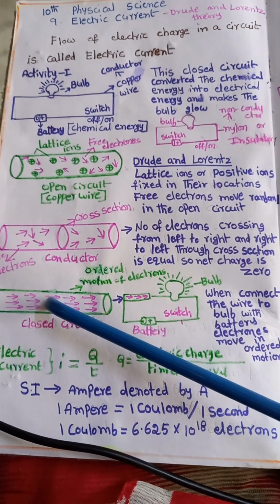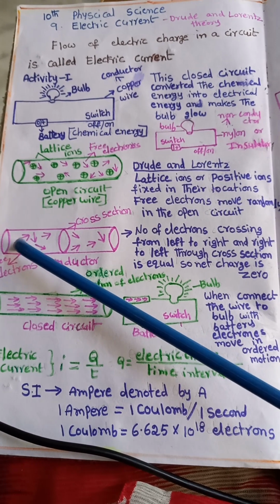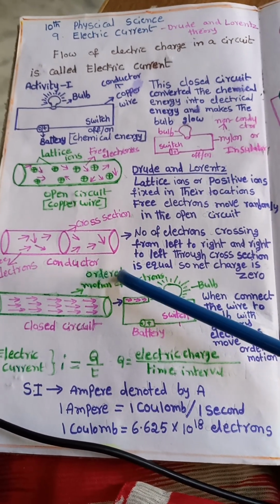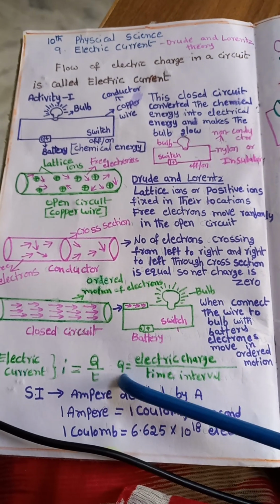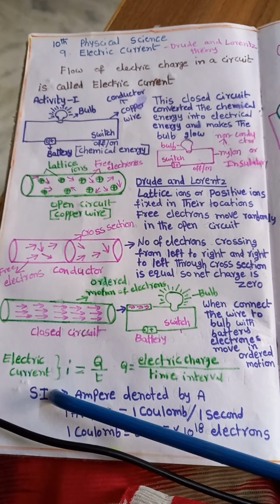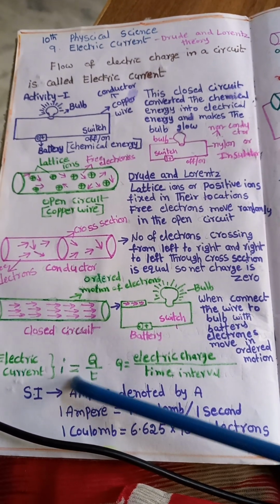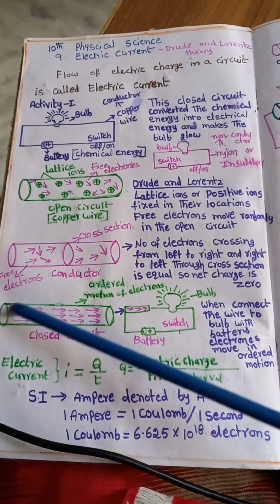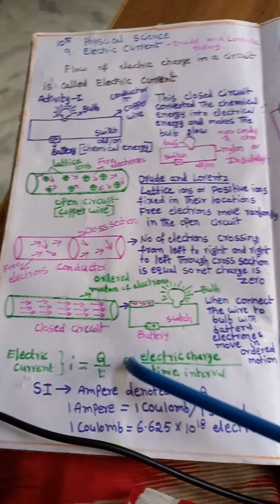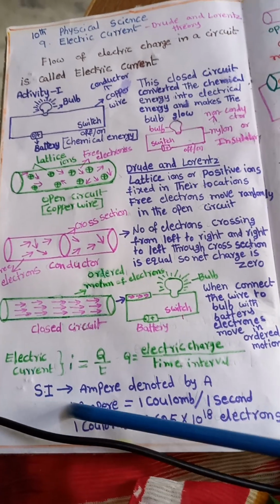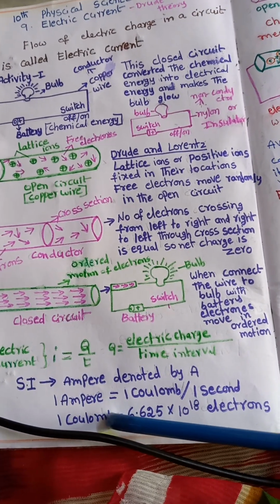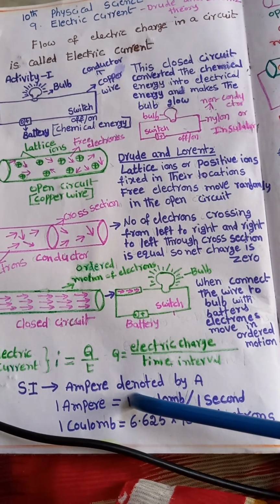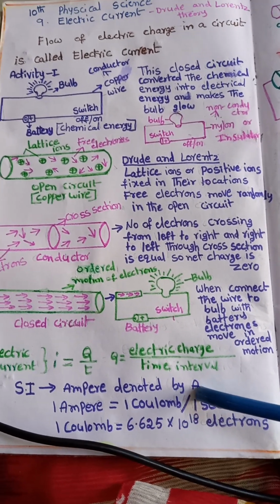So the charge that moves from one side to another side in 1 second is called electric current. Flow of electric charge in a circuit is called electric current. The SI unit of electric current is ampere, denoted by A.